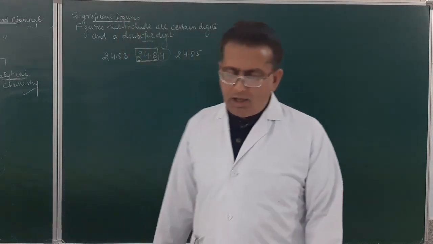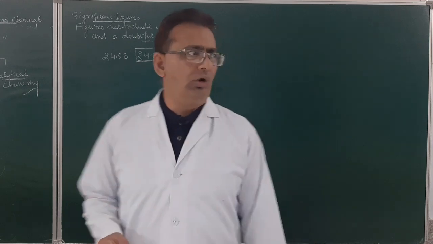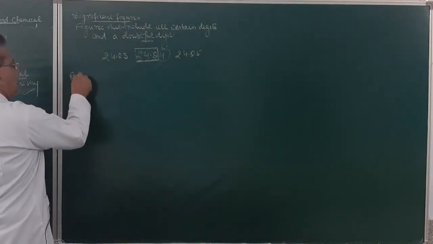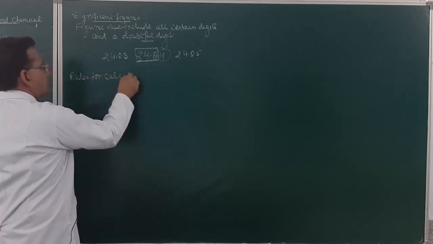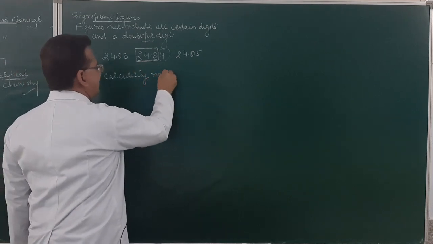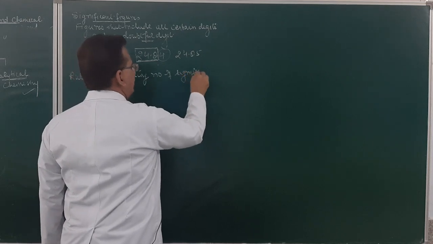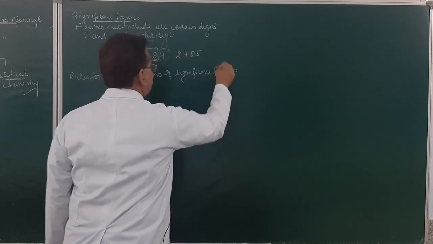Now, how do we calculate the number of significant figures? What are the various rules for calculating the number of significant figures?